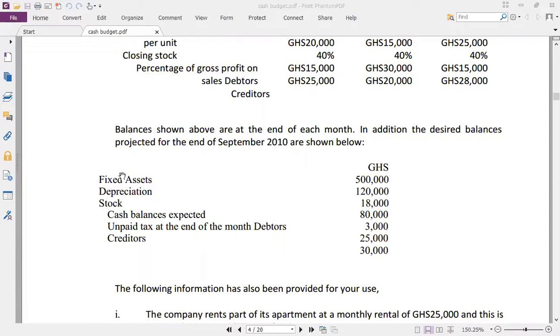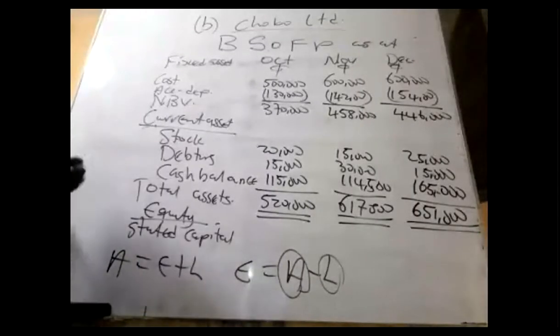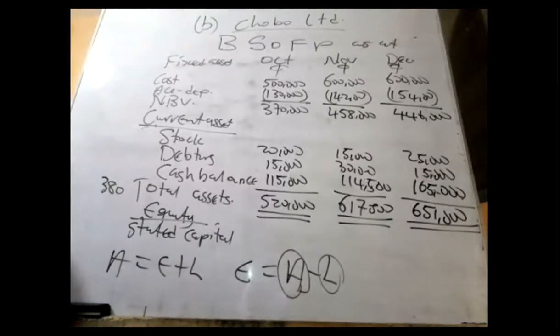I'll start from the first asset, fixed assets. Depreciation, I'll subtract from the fixed assets, so 380. The first item on the list is an asset, a positive figure.